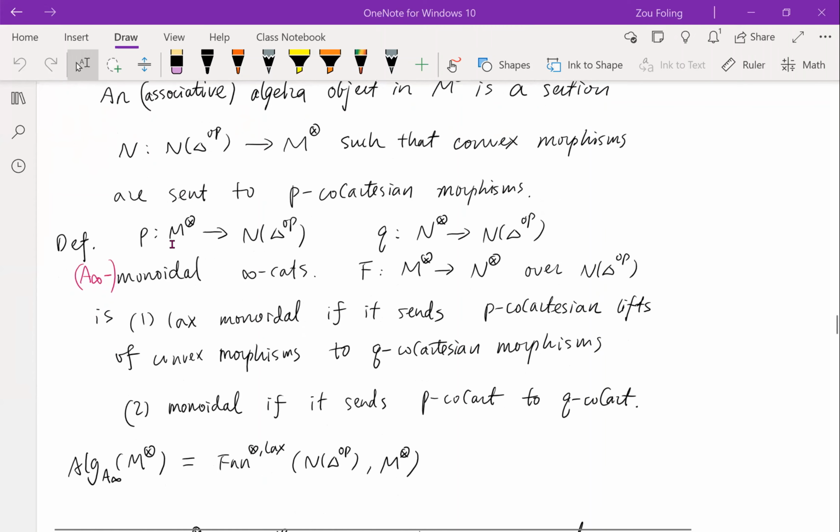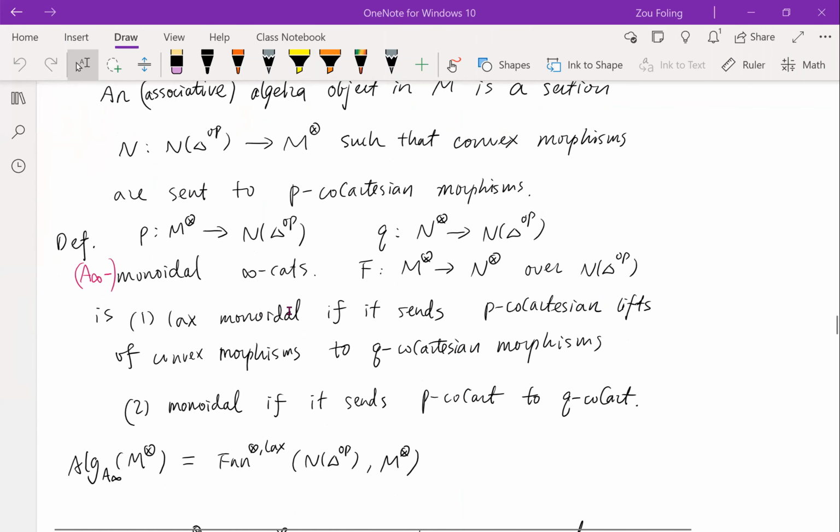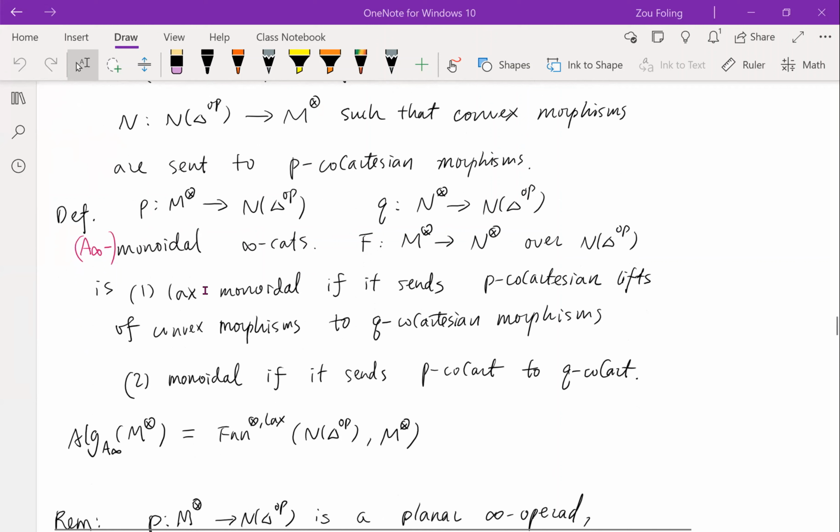And we can also talk about lax monoidal functors and monoidal functors. If we have two A infinity monoidal infinity categories, then if a functor sends p co-Cartesian edges over convex morphisms, meaning inert morphisms, to inert morphisms, then it's lax monoidal.